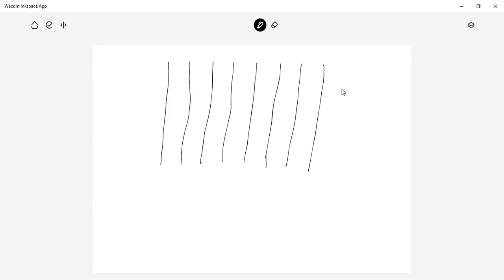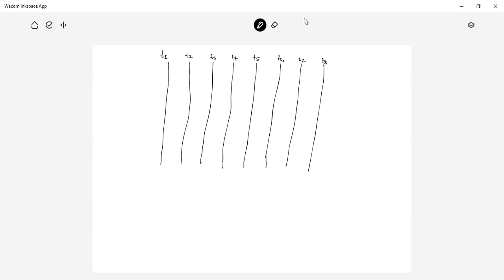These are the time slots. This one is T1, this is T2, this is T3, this is T4, this is T5, this is T6, this is T7, and this is T8.